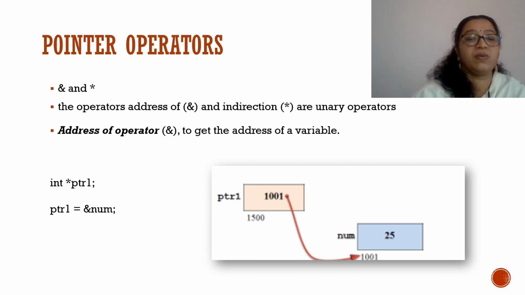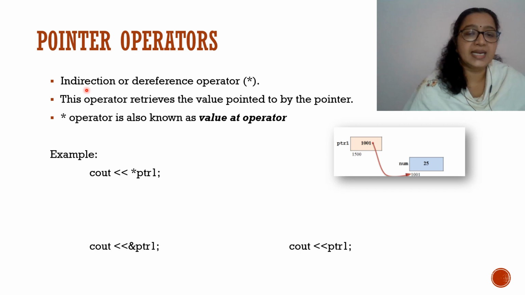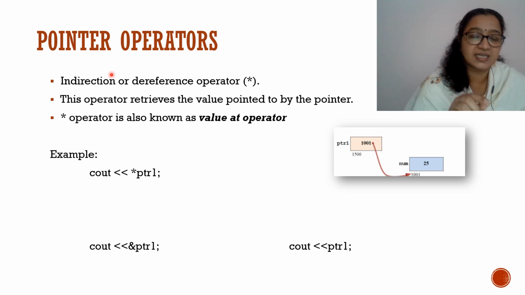Understood? Okay. The indirection or dereference operator. These are the names of the star sign. This is the second operator. The first one was the ampersand sign, and this is star. Star is known as the indirection or dereference operator.